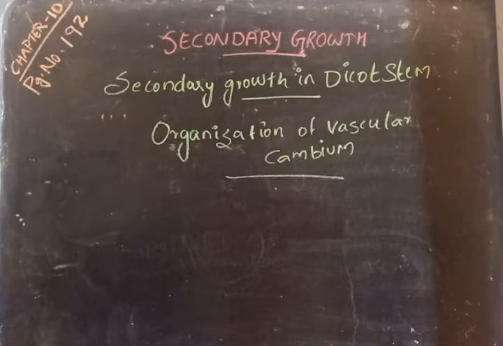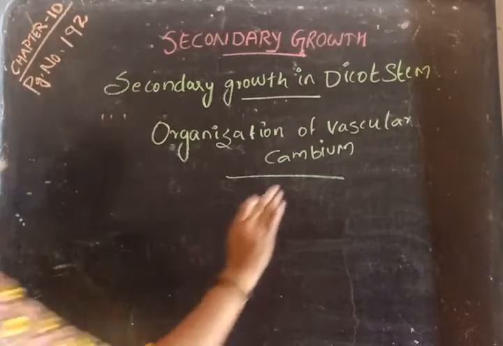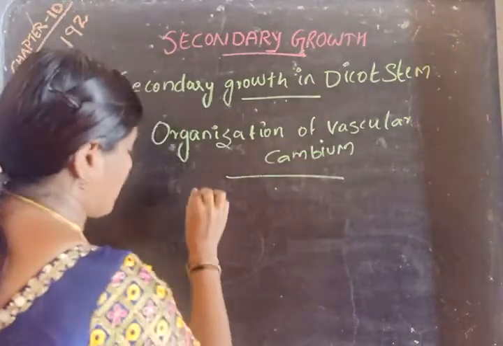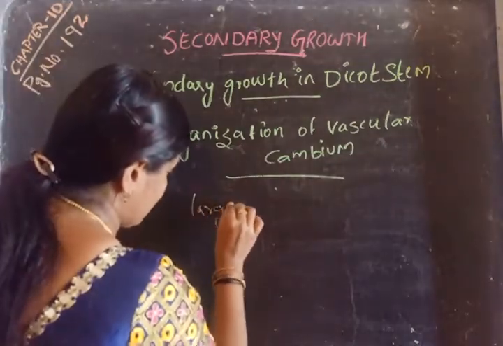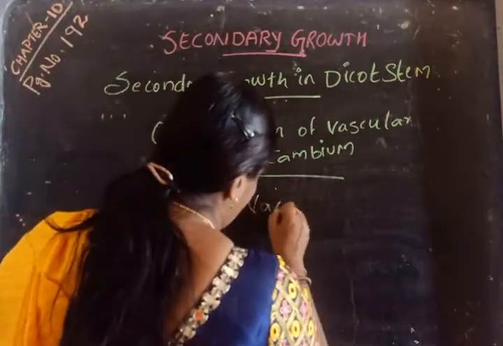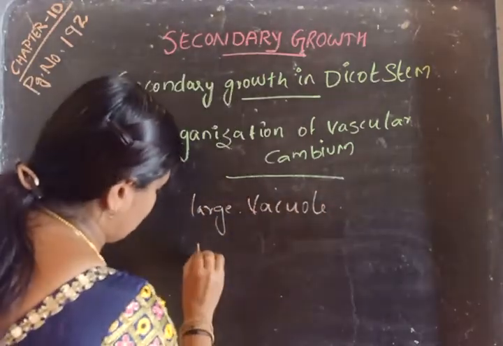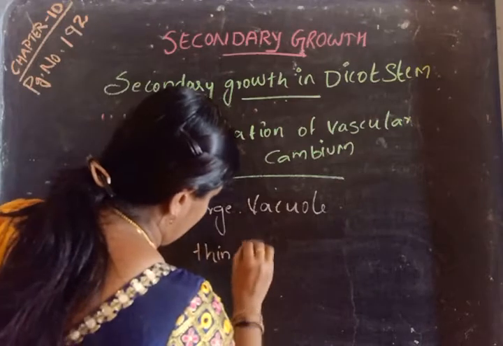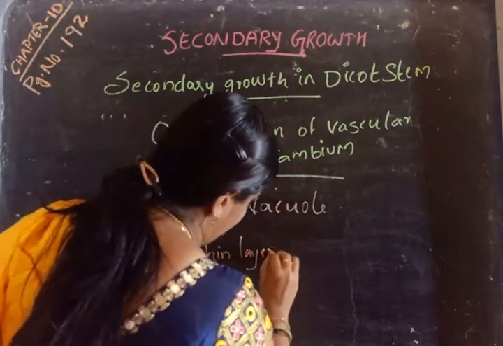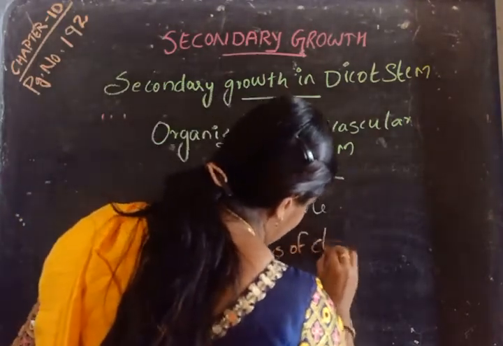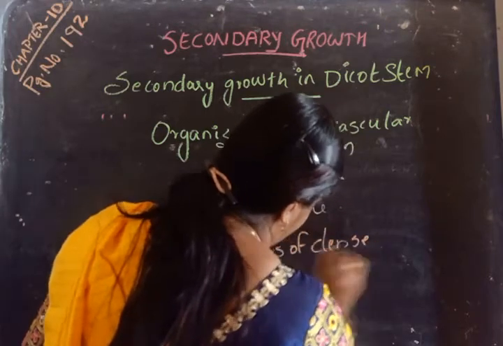So, an active vascular cambium requires a large vacuole and thin layers of dense cytoplasm.